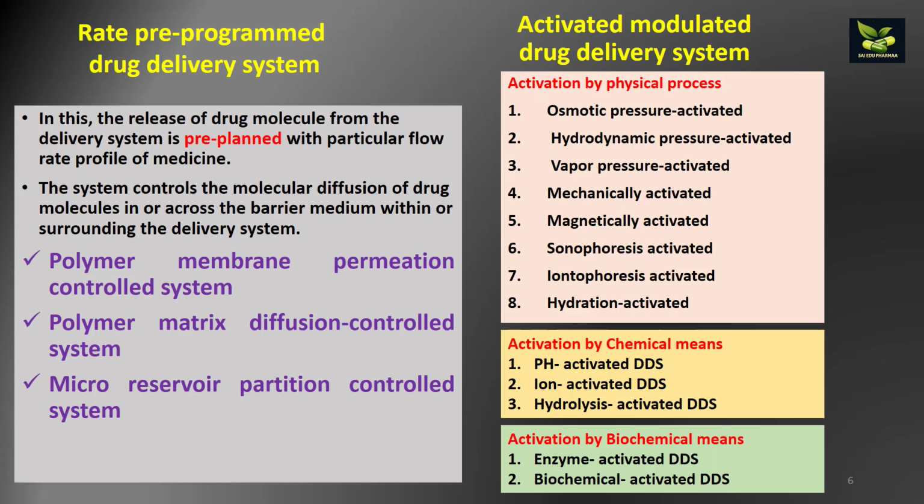Second is by chemical means. In chemical there can be pH activated drug delivery system, ion activated, and hydrolysis activated. Then last is activation by biochemical means. In biochemical means there will be enzyme activated and biochemical activated drug delivery systems.